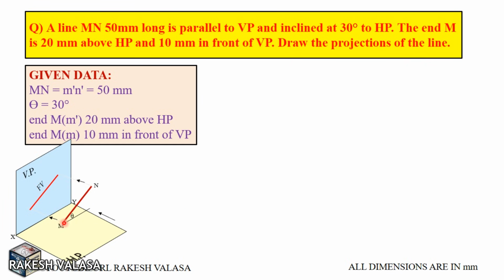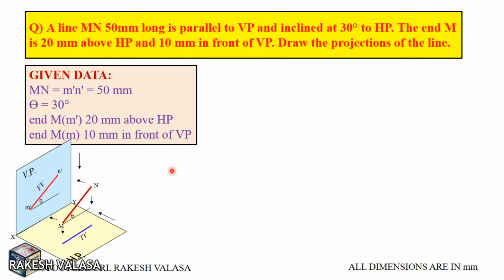One more point: the M position is given, that is 20 mm above the HP. From this HP plane, that height is 20 mm, and 10 mm from this vertical plane. So this is the front view M dash N dash. Similarly, the top view projection falls on this horizontal plane. So this name is MN.